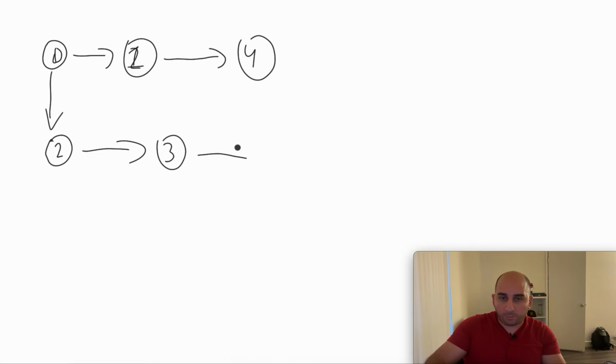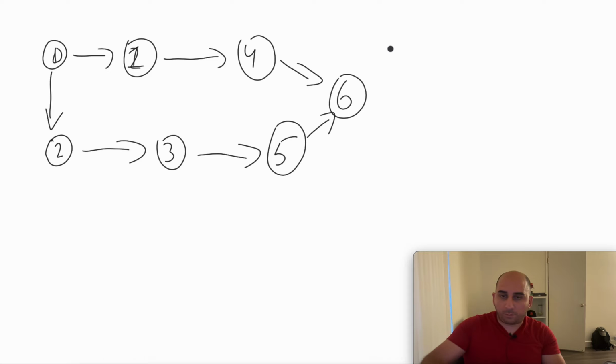And from 3 we can go to 5, and the last node is 6, and we need to find a path from 0 to n minus 1, which is 6 in our case, right? So how many ways are there to get there? How are we going to solve this problem?